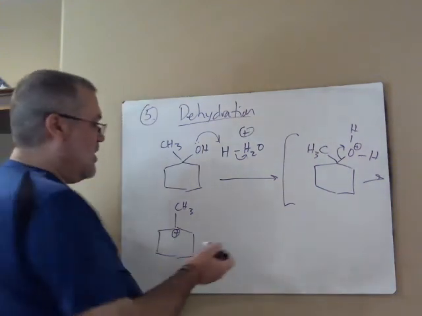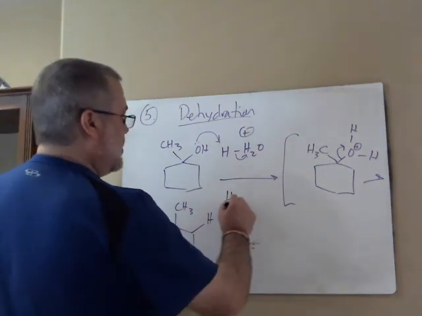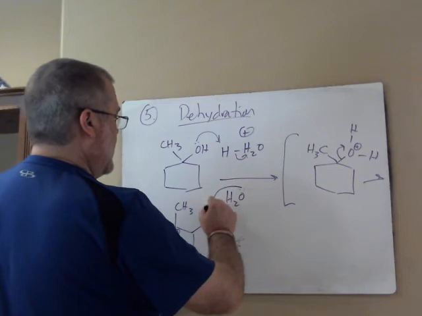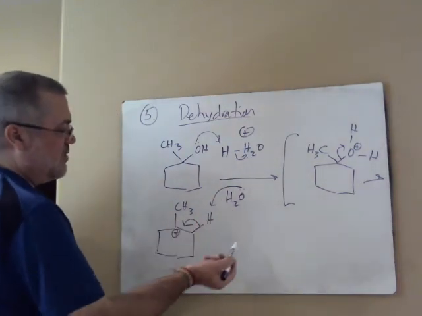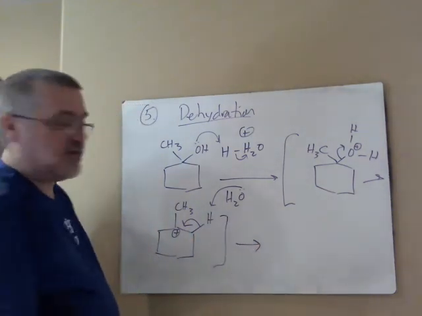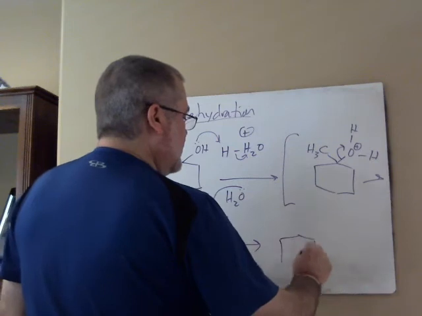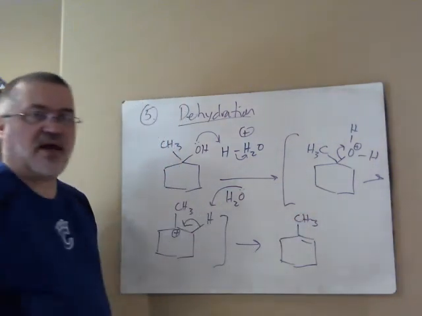Okay, and so once that forms, then it's just a matter of having water come in as a base, and it's going to take off this proton. Electrons are going to move in. You know, folks, this is an E1 mechanism. We've talked about them already. This is review, and the result is that I formed that alkene.